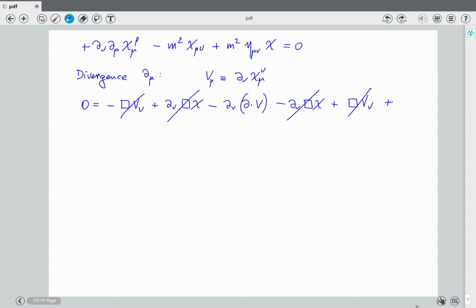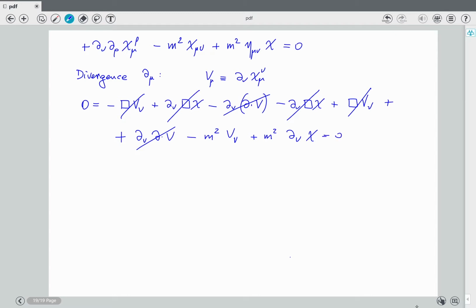Have to take del mu of this. So that is equal to plus del nu double divergence, which is a simple divergence of V. Then the mass term gives V. The second mass term gives del nu chi.